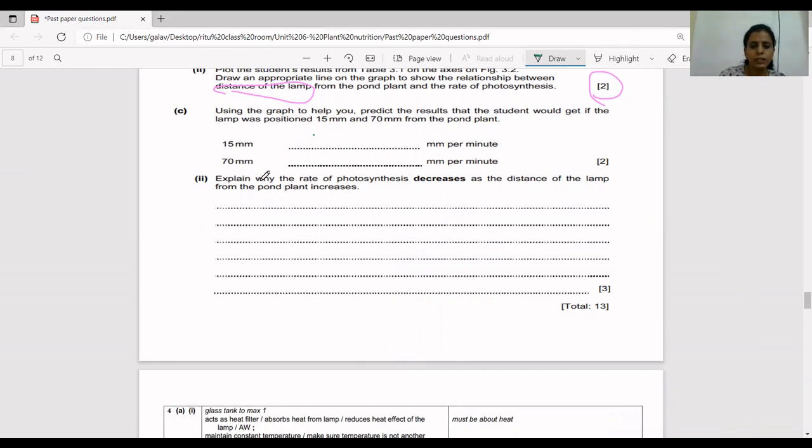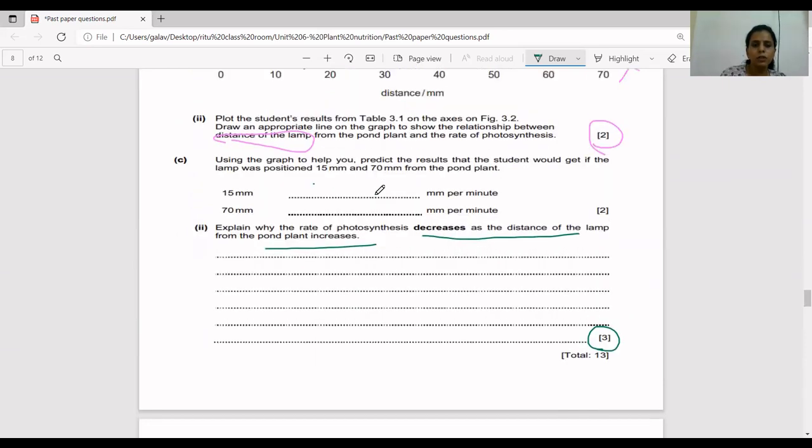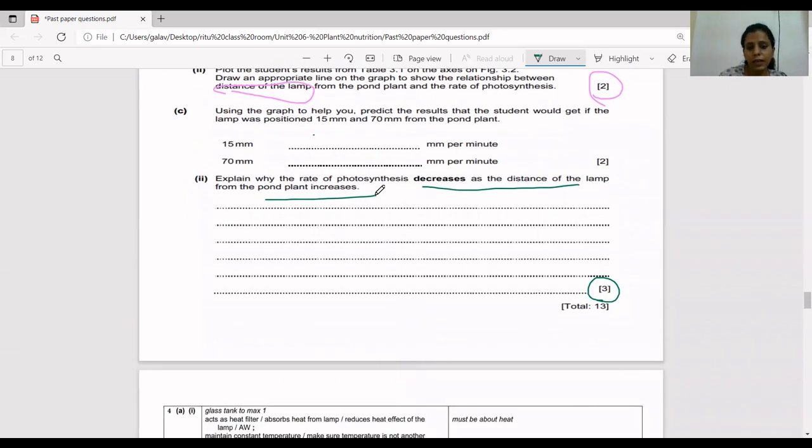The next question asked is, explain why rate of photosynthesis decreases as the distance of the lamp from the pond plant increases. This question is asked for 3 marks. Remember to write down that as the distance between lamp and the pond plant increases, the amount of light intensity provided to the plant decreases.